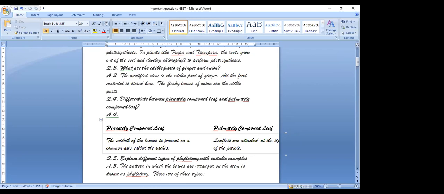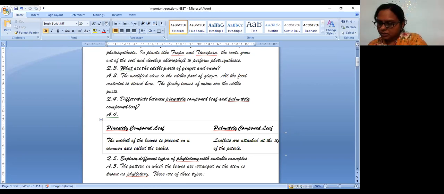That's why I actually wanted to take the palmately. Yeah, you can see palmately. See students, this diagram, palmately. You can see the top, this part. This is the rachis. To the rachis, you can see all the leaflets are attached.